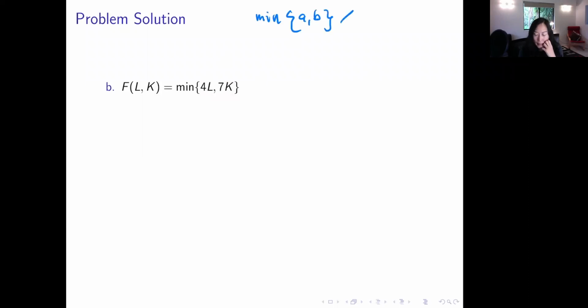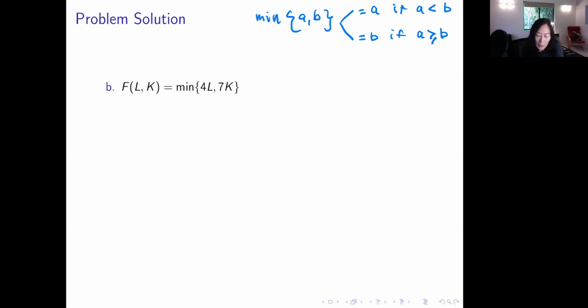The minimum of A and B is equal to A if A is less than B. It is equal to B if instead A is greater than B. If A is equal to B, then it's equal to both A and B. That is how we measure the output based on this particular function.